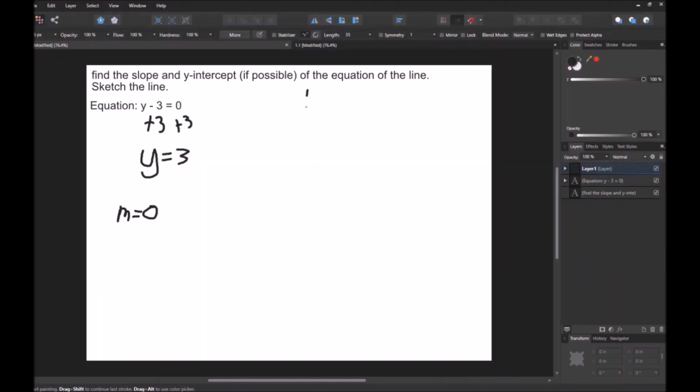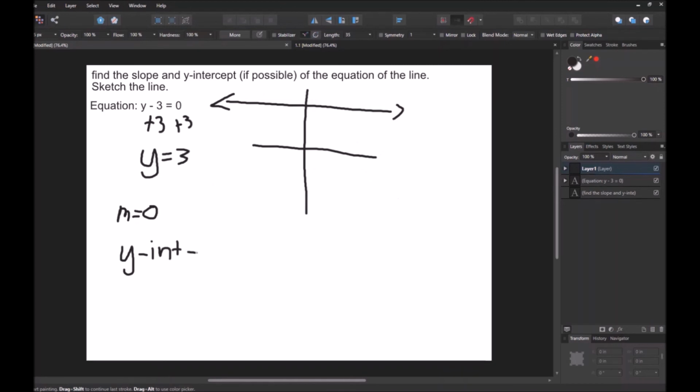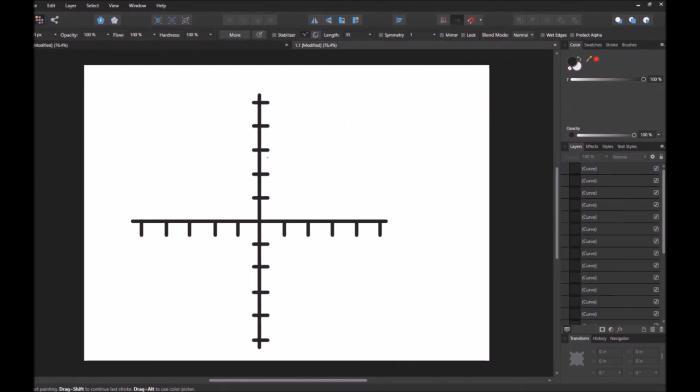So knowing that, actually let me redraw this graph here. Knowing that the graph will always be this unchanging horizontal line at y equals 3, we can say that our y-intercept is just going to be 0, 3. Like this. So then when we go to graph it, we're going to graph our y-intercept at 0, 3.